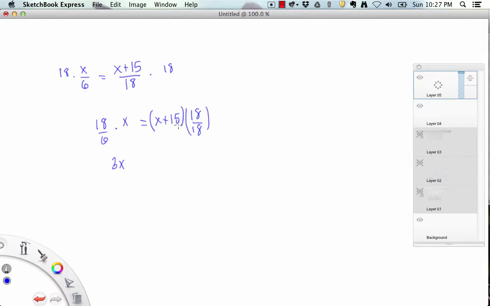We've got these two terms together being multiplied, so I'm being careful by showing parentheses. Okay, and that's that same equation we solved before.